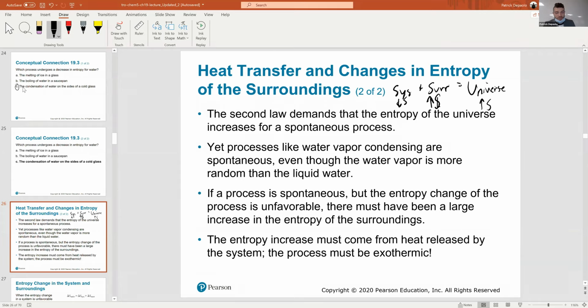If the surroundings' entropy goes up, the energy to make that increase has to come from the system, which brings us to our conclusion that it has to be exothermic. Okay, good. All right, any questions on that?